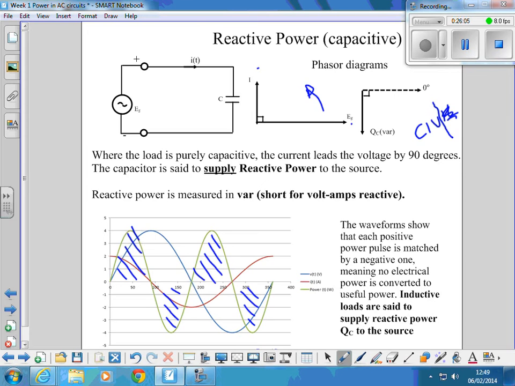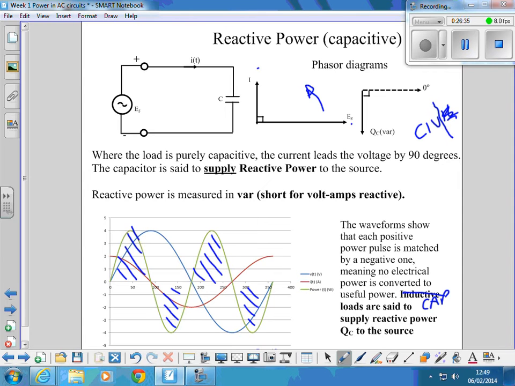Capacitive loads are said to supply reactive power, QC, to the source. So you've got to choose a direction for each of the two different ones. Somebody's arbitrarily said inductors draw reactive power from a source, capacitors give it back.